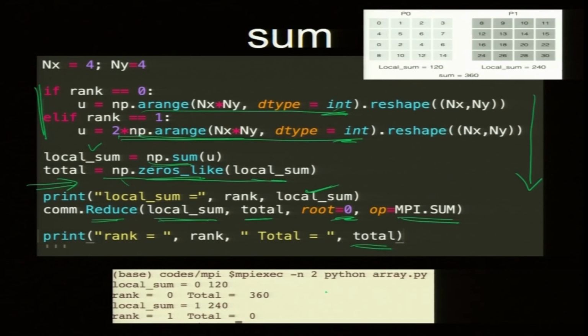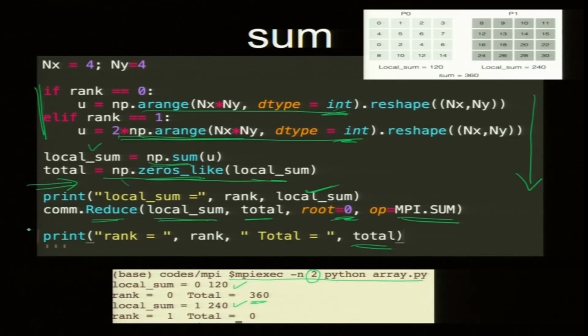Once I run it, please do not forget the syntax: mpiexec minus n 2 python array dot py. It is running on 2 processors and the name of the file is array dot py. Local sums are 120 and 240 and the total is 360.